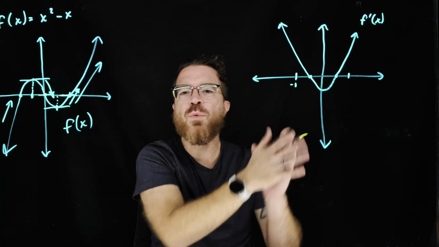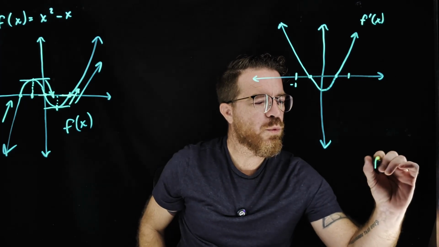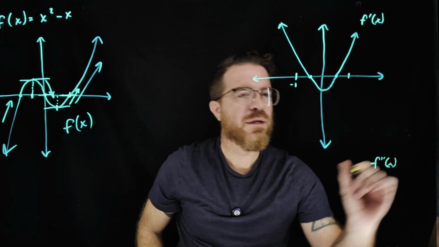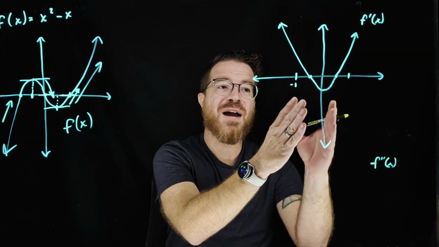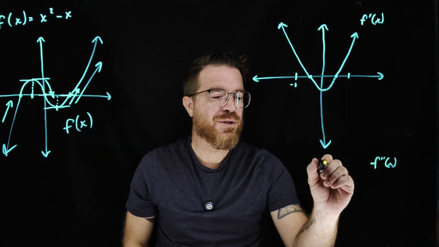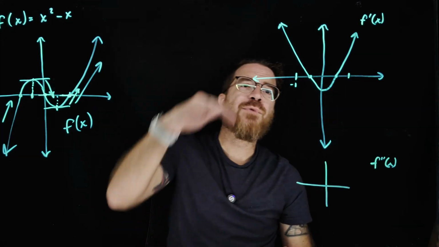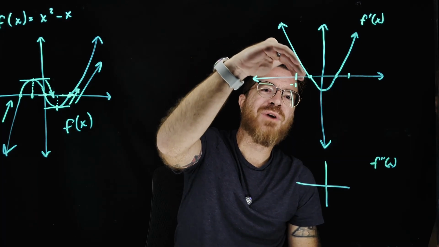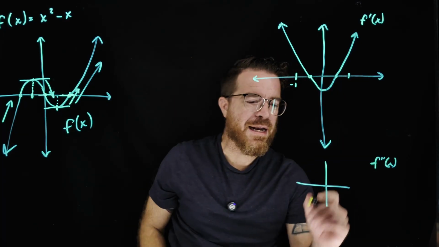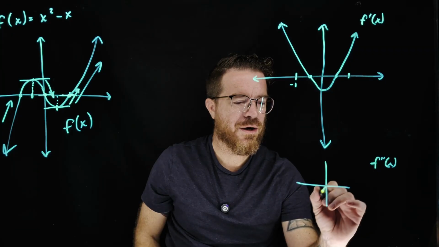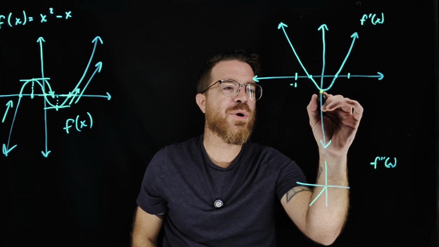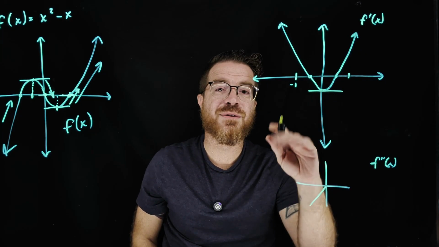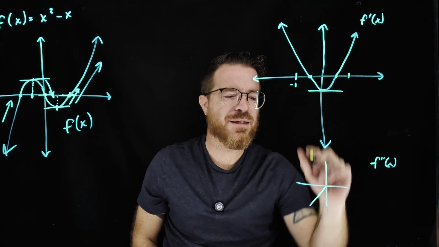Let's take it one step further. Let's say, what would the second derivative graph be? So I'm going to take the derivative graph of this. Well, again, I'm just going to roughly draw this one. If we consider right now, what's the direction of this graph? It's going negative, meaning that I know that I'm down here until I reach this point where now suddenly the derivative is equal to 0, and now it's positive.